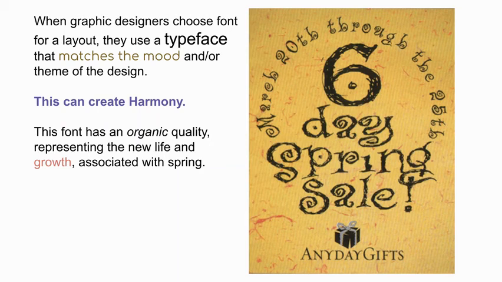If you look at what the layout says, it's a 6-day spring sale. So it's just an ad for Any Day Gifts, which is just a made-up company. But the idea is that it's in the spring, and what do we think of when we think of spring? Newness, growth, it's organic, we're outside. And so the typography reflects that theme and gives the whole layout a real organic mood or vibe.